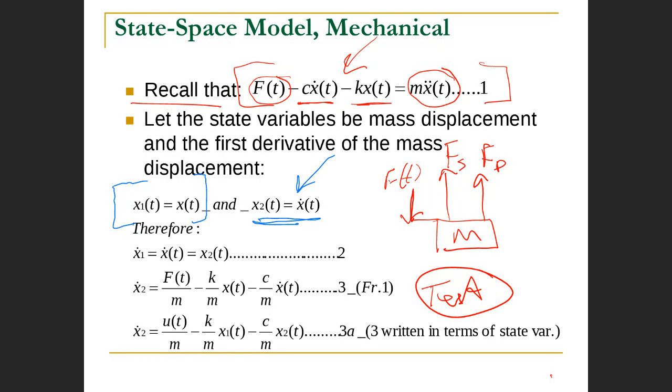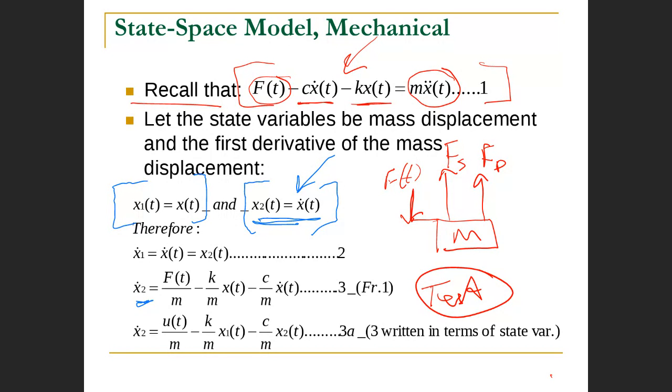All right, so let's move on now to x2. We're differentiating both sides over here as well. This becomes x2 dot of t, you see it right here, equal to x double dot of t. Now we have to examine: is x double dot of t a state variable? You can go ahead and mute your mic, please, if you have no further questions or comments. Getting feedback. Is this a state variable?